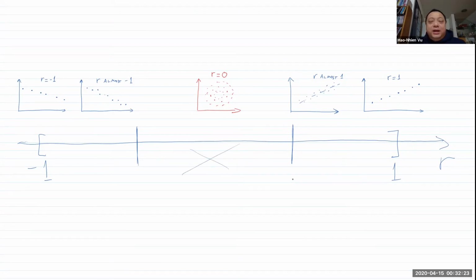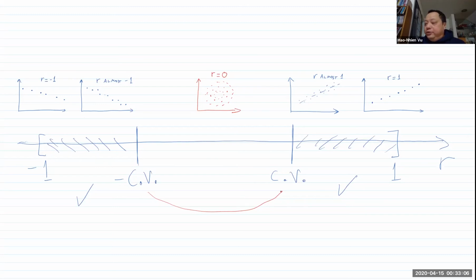So there's a cutoff that people calculated called the critical value of R that tells you that if you are closer to 1 than the critical value, or over here on the negative side of it, if you're closer to -1 from the critical value, then we conclude that there is linear correlation. If it's in between plus or minus critical value, then we conclude that there's no linear correlation.